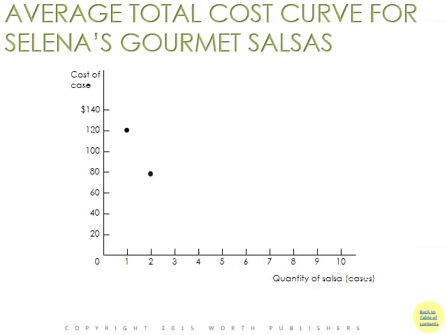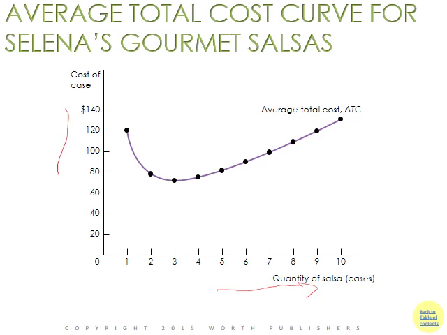So now we can use the data in the previous table to graph average total cost. And we're graphing quantity on the horizontal axis, and we're graphing average total cost on the vertical axis. So when output is equal to 1, average total cost is equal to 120.